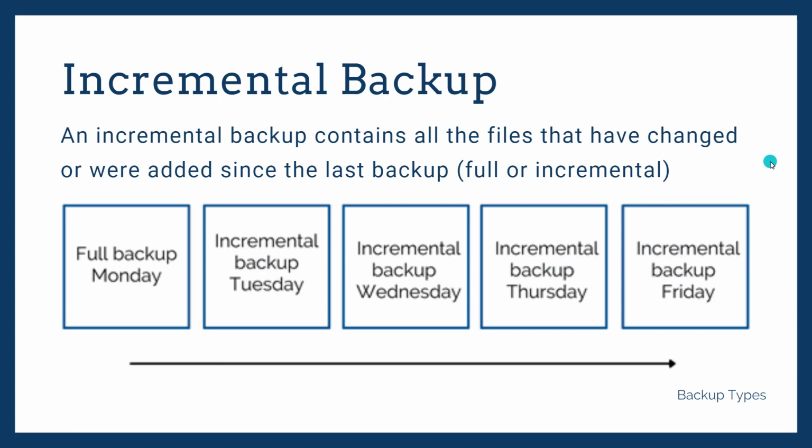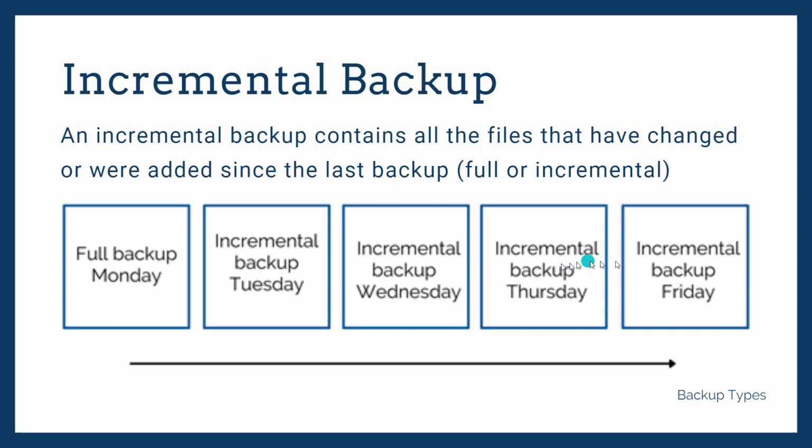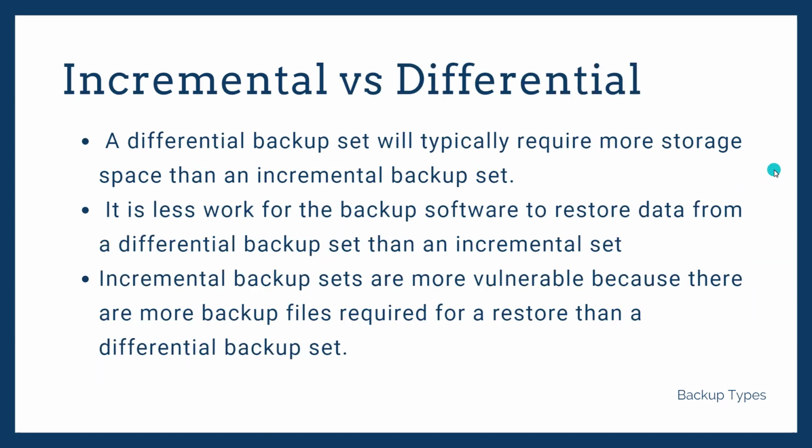All right, so that's why it's more susceptible, whereas with the differential, you just need two. Always, you only need two: the differential you want to restore from and the full backup. So there's less chance for something to get corrupted than this. There's more opportunity for corruption or stuff to go missing with incrementals, which I've never seen happen, but it is possible.